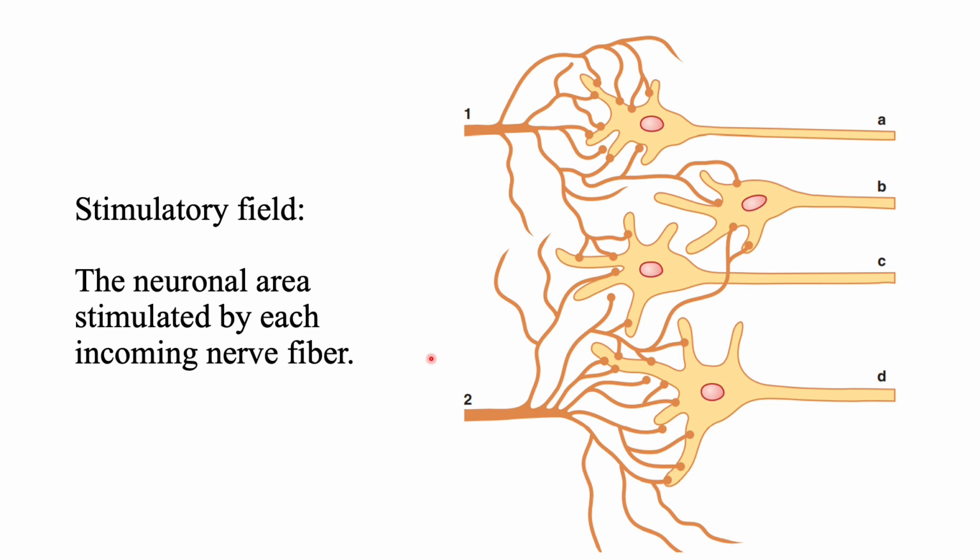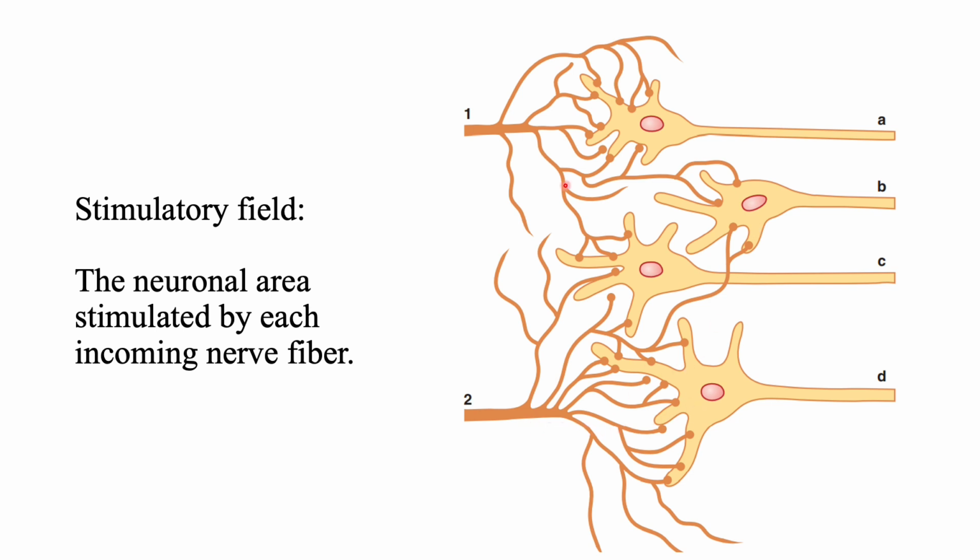Neuronal cells are grouped together in different groups, so they serve different functions in the nervous system, and they have different ways of communication. For example, here we have an input neuron 1 that's synapsing with postsynaptic neuron A, and also sends branches to B and C. And we have neuron 2, which is also sending synapses to C, to B, and also to D here.